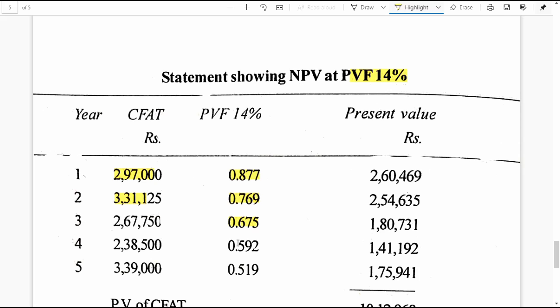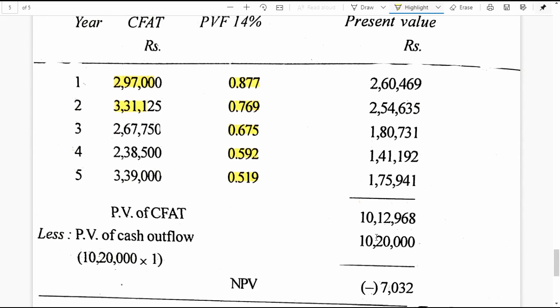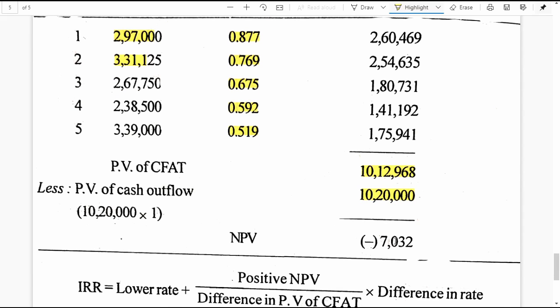For 14%, they have chosen the values and presented here. They are multiplied and they have calculated the present value of cash inflows of the project at 14%. In total comes to 10,12,968. Now, if you deduct the investment made on the project in total 10,20,000, the answer is what? Minus 7,032.